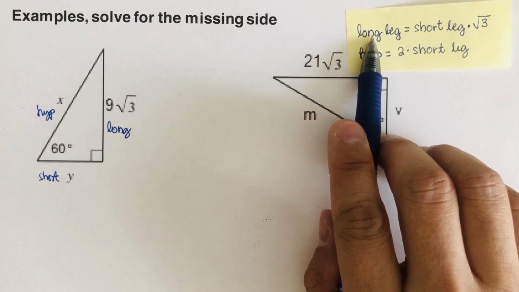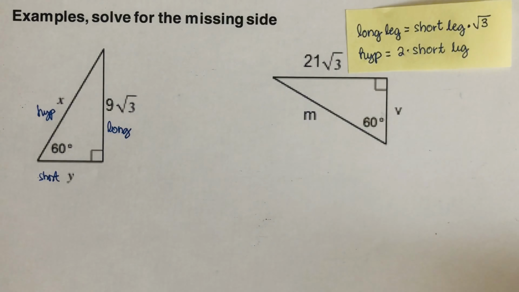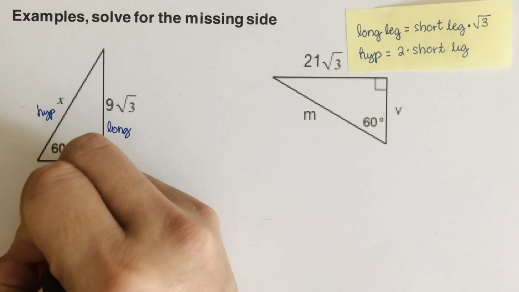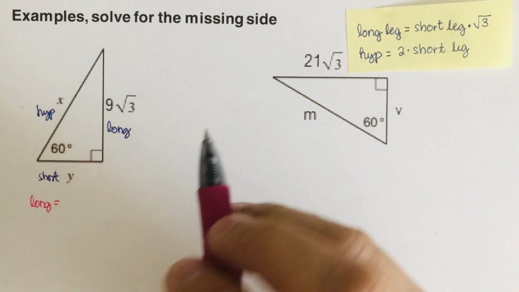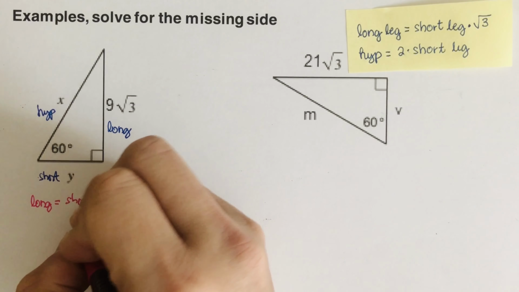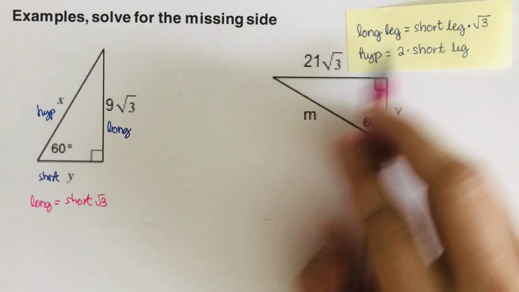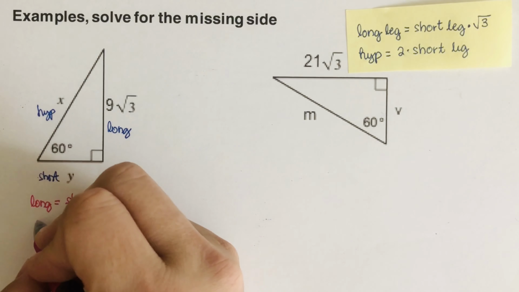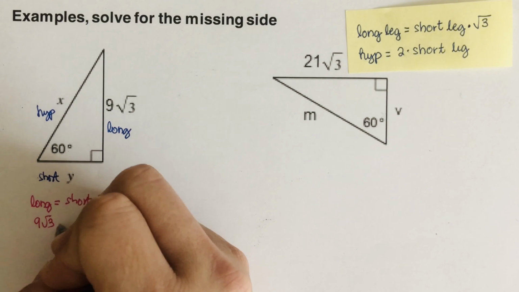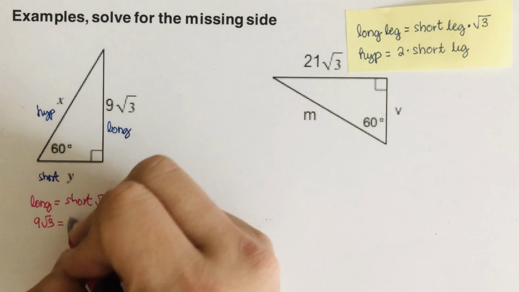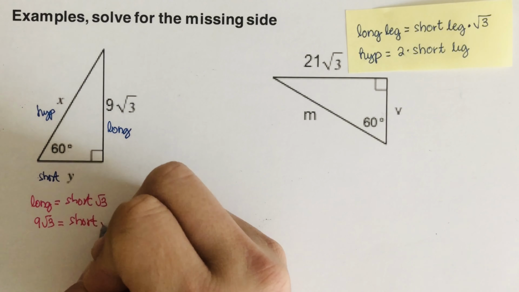So we're going to use this equation for the long leg. I'm going to write long is equal to short times square root of 3. Again, that's the formula right there. The long here is 9 square root of 3, which is equal to the short times square root of 3.